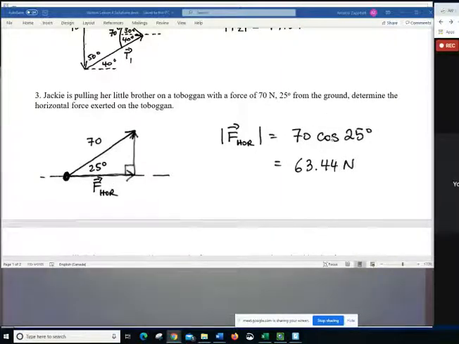Now notice how this is cosine. Where does cosine attain its maximum value? Tell me where cosine attains its maximum value. There you go, at 0, because cos of 0 is equal to 1. That's its maximum value. So not surprisingly, where would I get the most bang for my buck horizontally is if the angle is 0, meaning if I'm pulling this toboggan in the same direction as the ground.